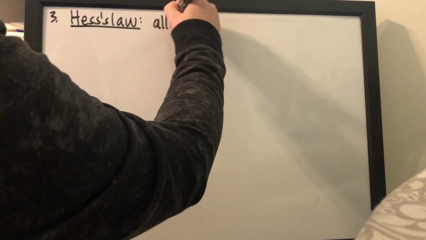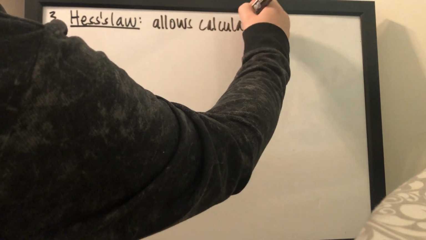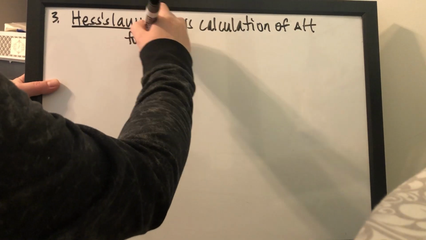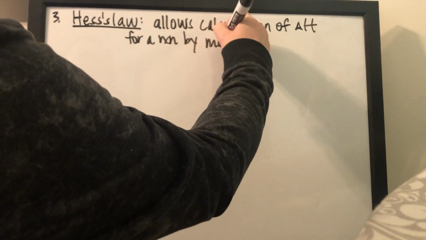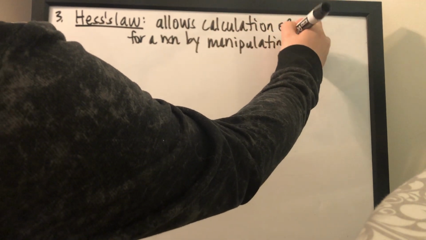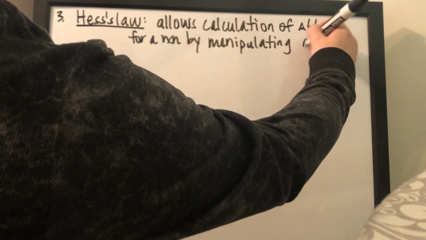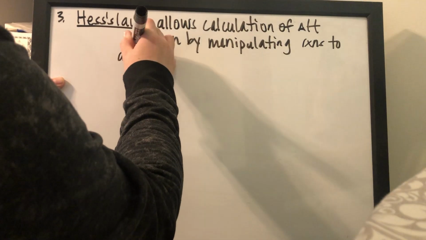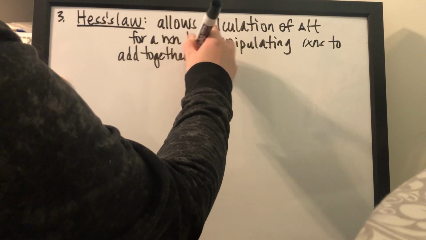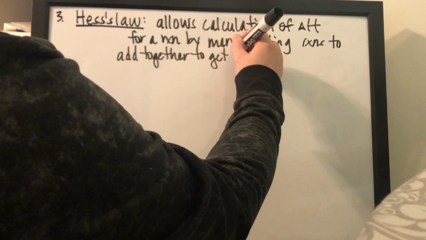Okay, third, probably the one I have to talk the least about because everybody remembers it, is Hess's law. Hess's law basically says, so it allows us to calculate delta H. It allows the calculation of delta H for a reaction by manipulating reactions to add together to get the wanted reaction.